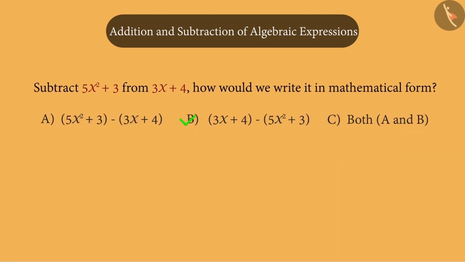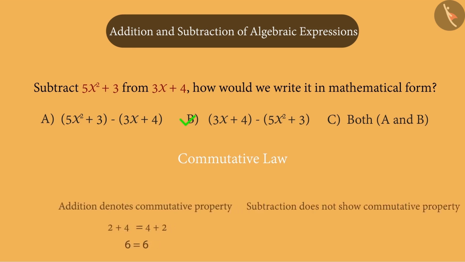We have read about the commutative property in the previous classes. Always remember that commutative property is true for addition. For example, 2 plus 4 and 4 plus 2 are the same. But subtraction does not show commutative property.